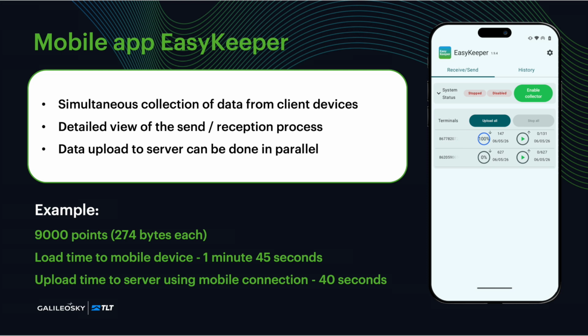In the previous solution, this feature was not available. Talking about sending time, if we talk about 9,000 points, so that can be 2-3 days, depending on the configuration you have.